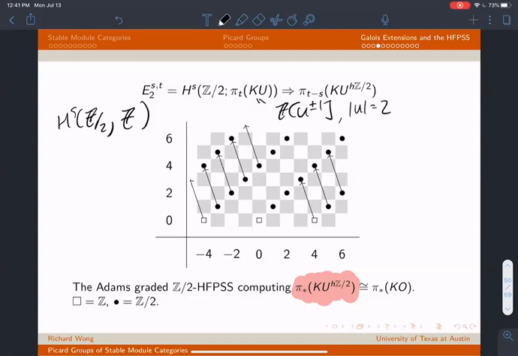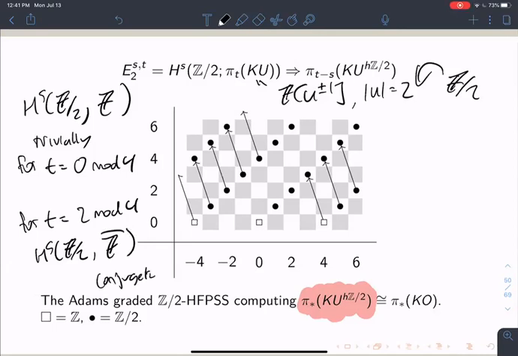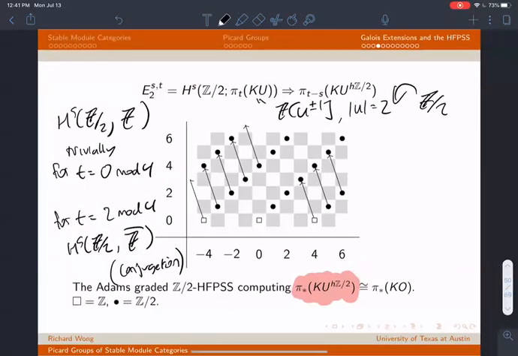And it turns out that when Z mod 2 acts on this, it acts trivially for t equals 0 mod 4. And for t equals 2 mod 4, it acts by conjugation. So we need to do these group cohomology calculations.